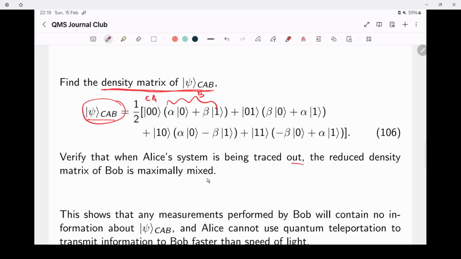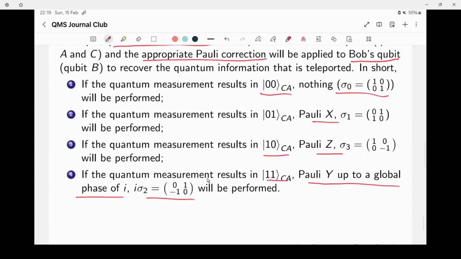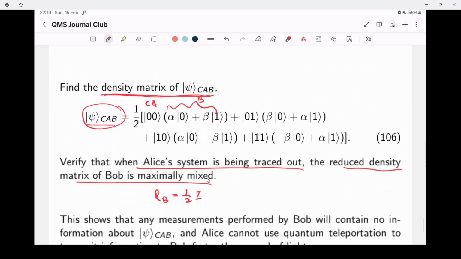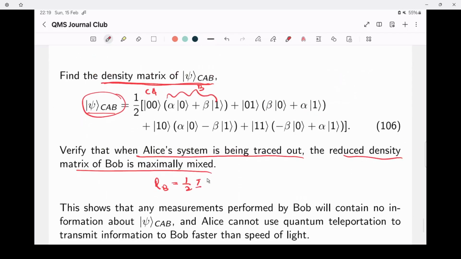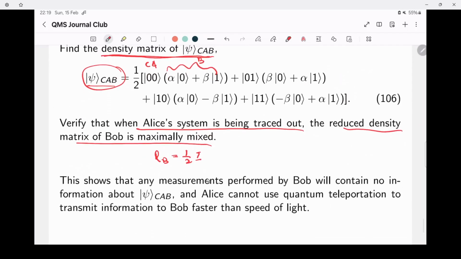and then you trace out Alice's system to find the reduced density matrix of Bob to be a maximally mixed state. So if the density matrix of Bob is a maximally mixed state, it means that there is no information on Bob's system unless Alice actually tries to send in some classical information to tell Bob what kind of Pauli corrections that Bob should perform. So this is something that you can do later on yourself.